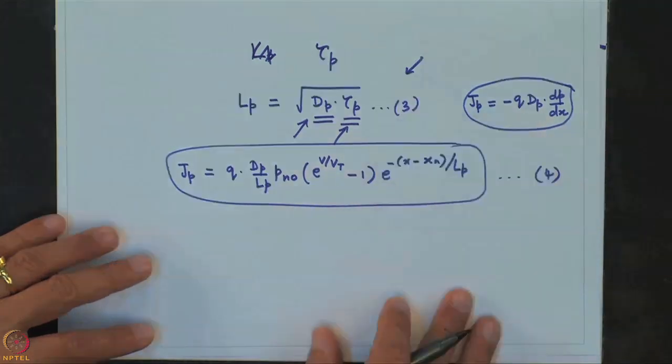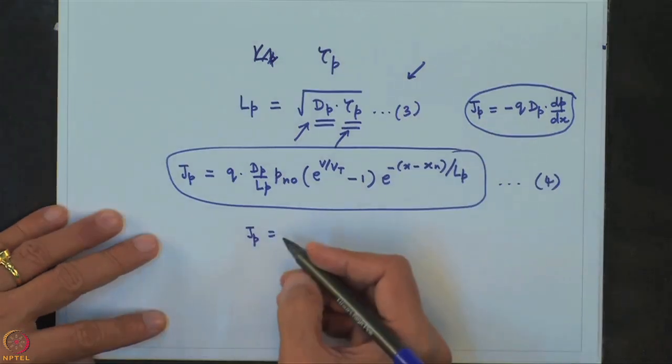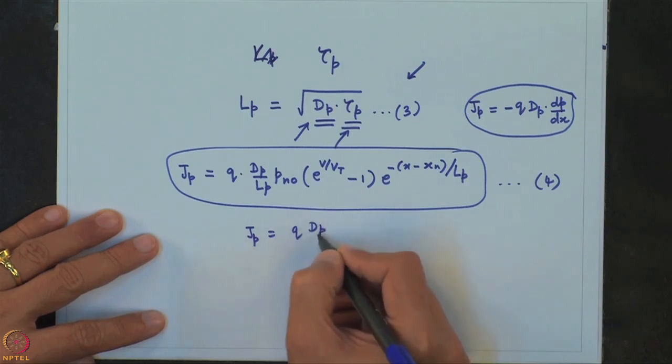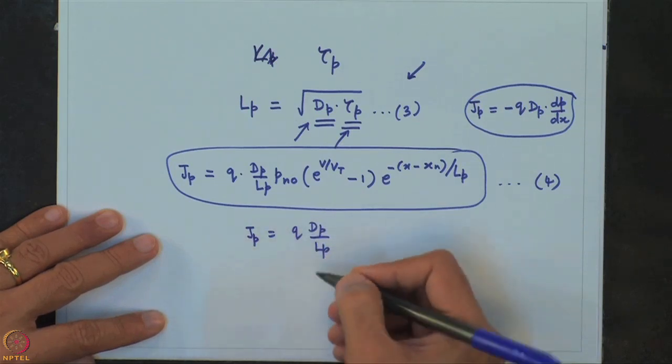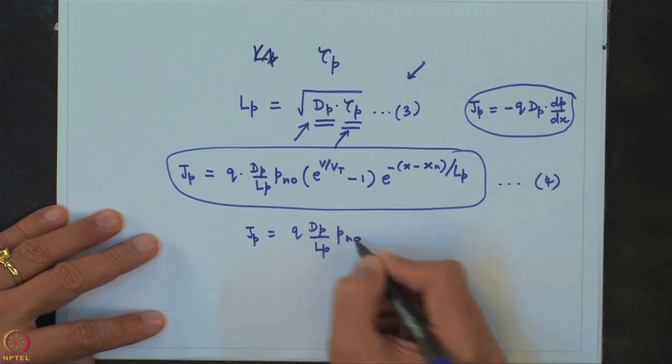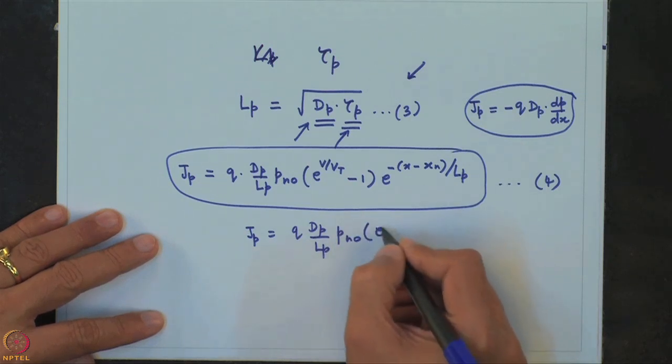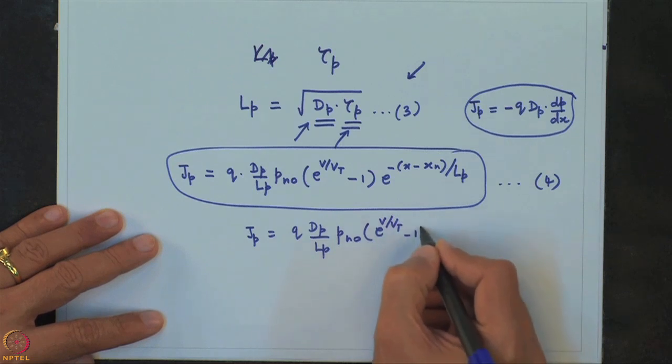Now clearly the number of electrons supplied by the external source should correspond to Pn of xn, which is the maximum concentration of holes on the N side. Hence, using x equal to xn in equation 4, the current density due to the holes is given by Jp equal to q times Dp by Lp, times Pn0 into e raised to power V by Vt minus 1.